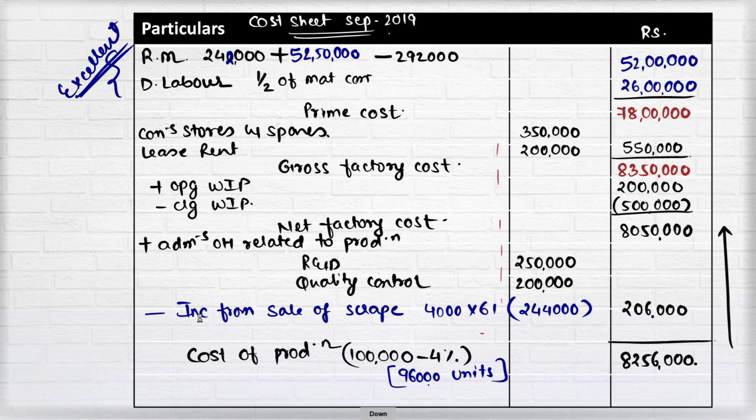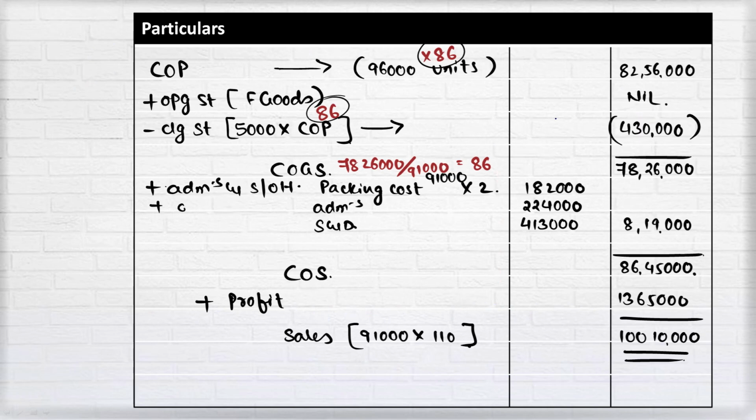Excellent question, yes. 2 points were excellent. How to find out both these answers? We know that COGS is always valued at cost. Closing stock is also valued at cost. And so cost of production is also valued at cost. We have COGS in units and also in rupees. So we can find out the cost of manufacturing per unit, at which your production is valued and your closing stock is also valued.